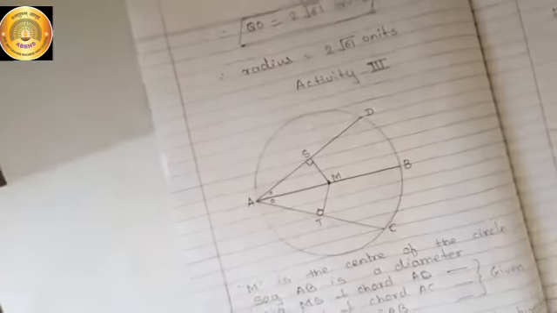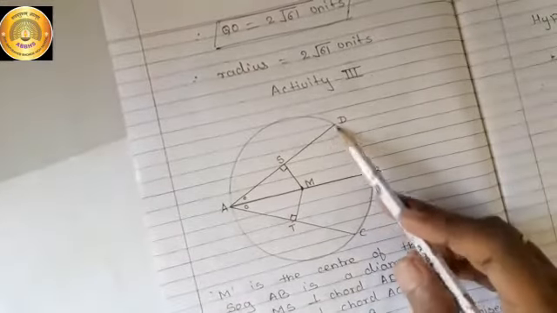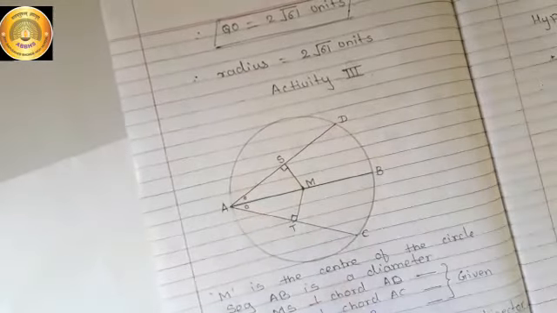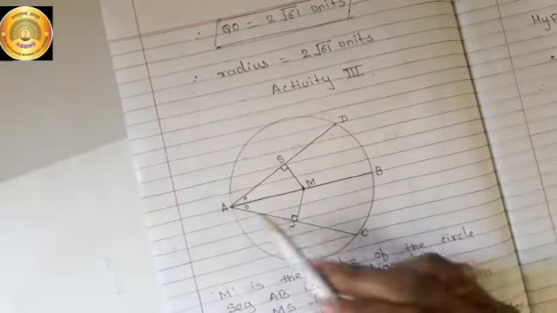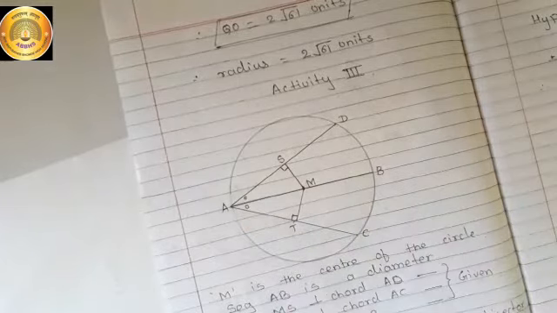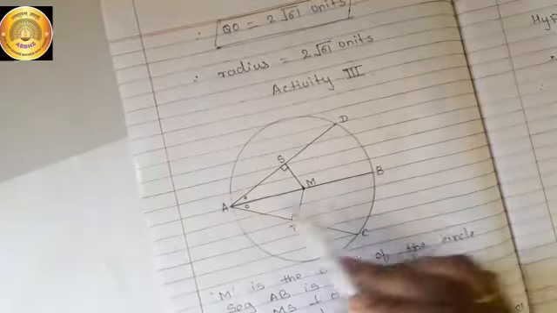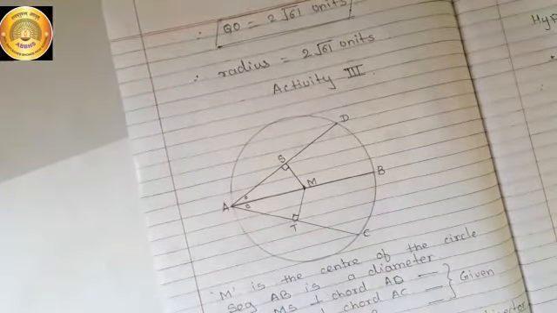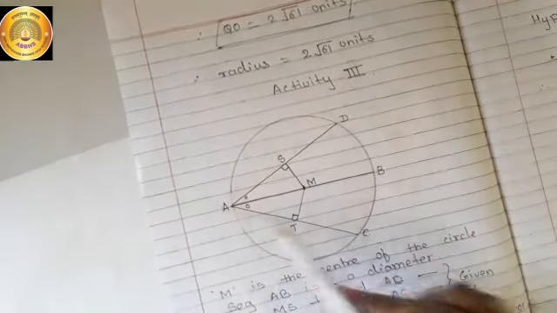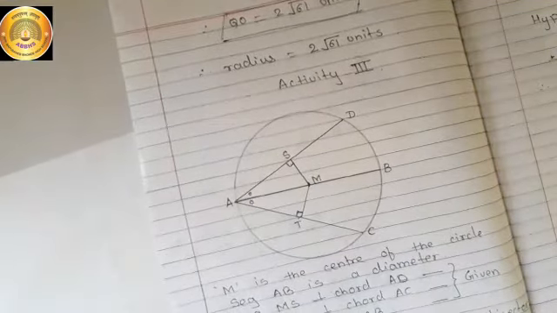See in the figure again, they have told that angle DAB is congruent to angle CAB. That means this AB will be an angle bisector of angle DAC. And in 9th standard we have studied the angle bisector theorem.